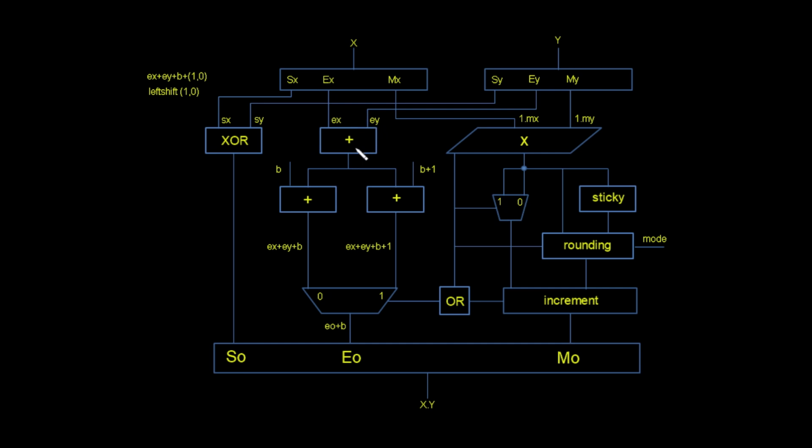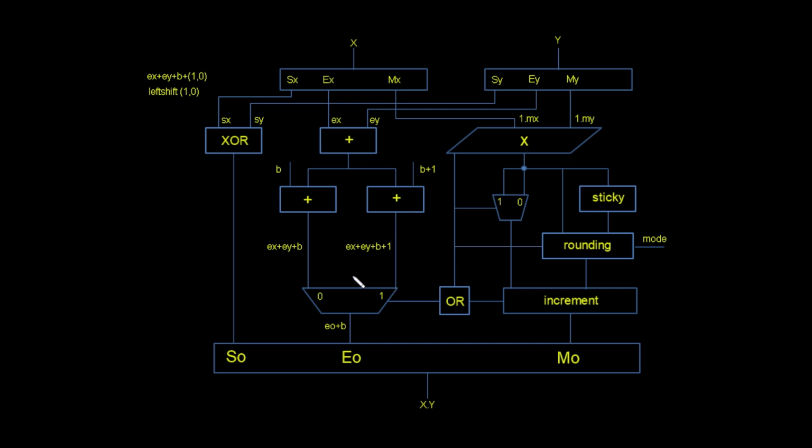We're going to add them together, and then we're going to take a copy of the output into this adder and this adder. And we're going to add the bias back on here and the bias back on here. But this one is a special one. We're going to add the bias plus a value of 1.